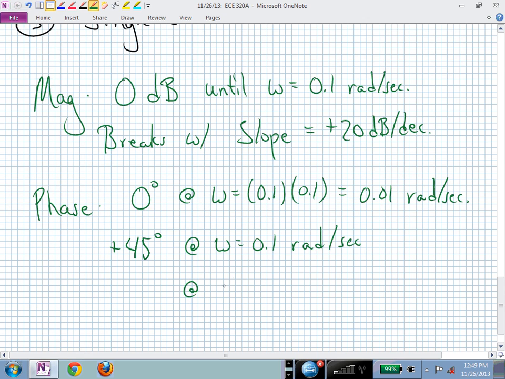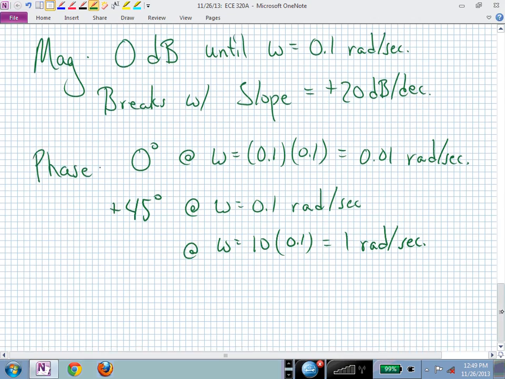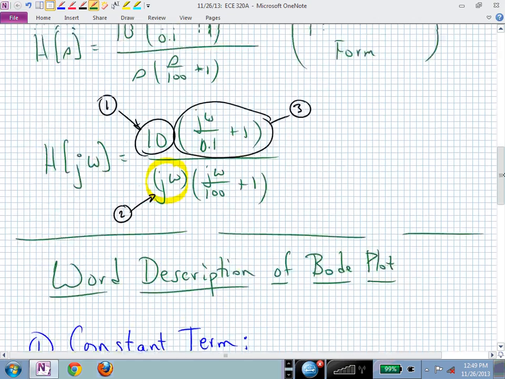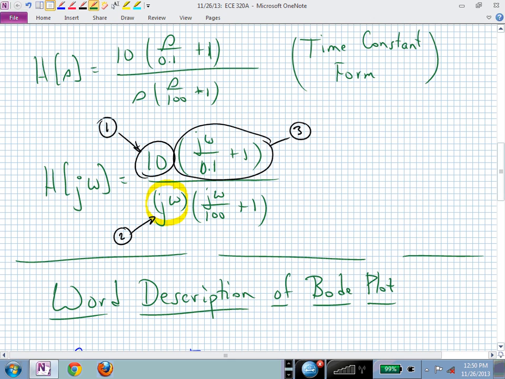Then in our straight line approximation sketching, we say the next frequency of interest is a decade beyond the break, which is 10 times 0.1. And now we just assume that it's completely maxed out in terms of its phase contribution. So now you could say omega is huge compared to 0.1.